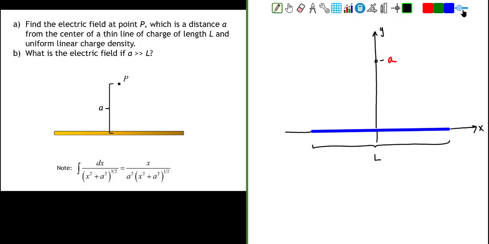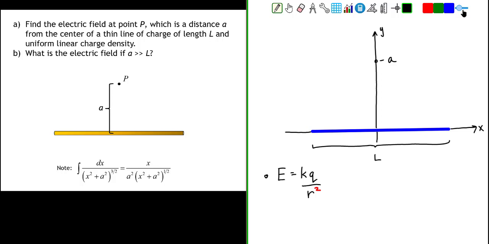Here's the problem. We know how to find the electric field of a point charge. The electric field of a point charge we've shown is equal to Coulomb's constant times the charge divided by the distance between the charge and the point at which you're calculating the electric field.